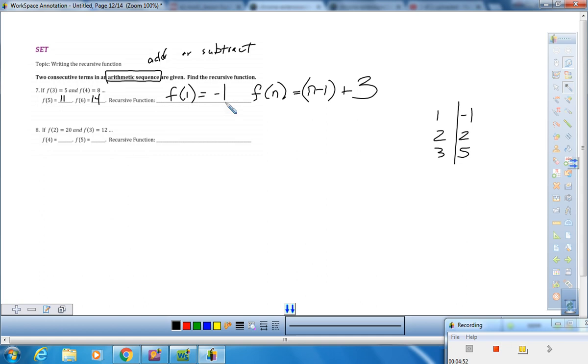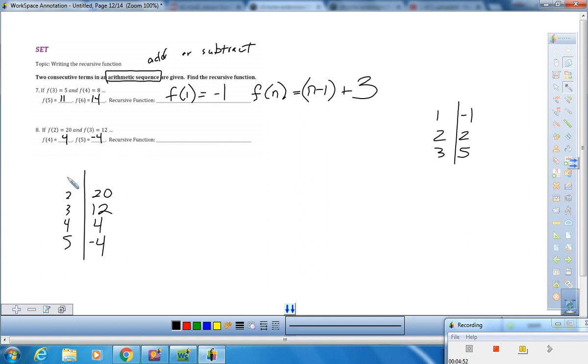Okay, so here, f of 2 is 20. I just prefer to have a table. f of 2 is 20. f of 3 is 12. So let's see, it's gone down 8. So f of 4 is going to be 4. Subtract 8 from that. f of 5 is going to be negative 4.